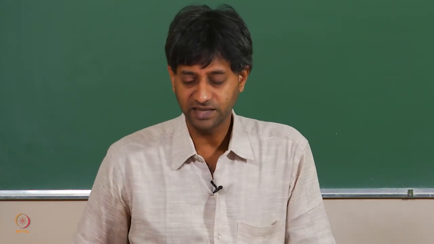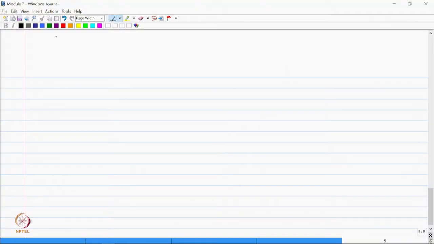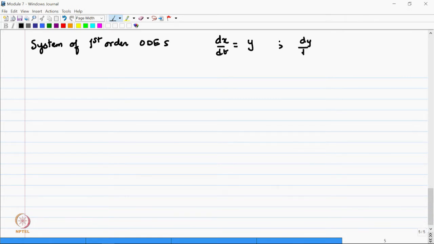Next, let us look at a slightly more complicated case using a system of first order ODEs. You say dx by dt equal to y and dy by dt equal to minus omega square x. So we use our usual matrix method.